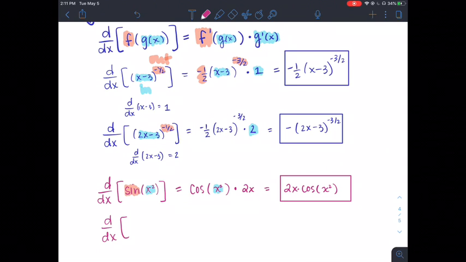You're going to take the derivative of e to the 3x squared plus 4. And again, some of you might be a little bit faster at figuring out your inside and your outside functions. This time my inside function is that exponent, and my outside function is the exponential, e to the something power.